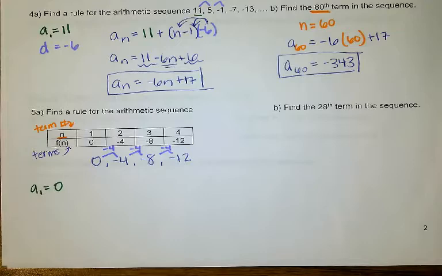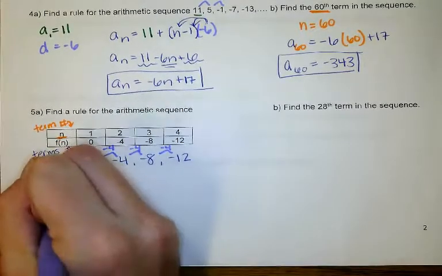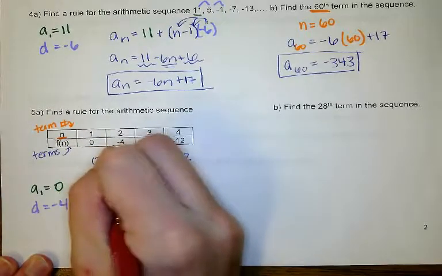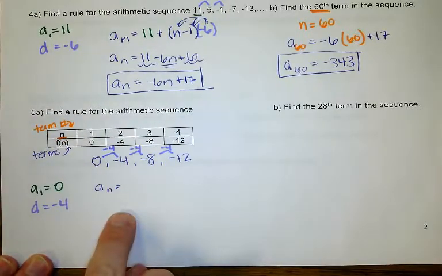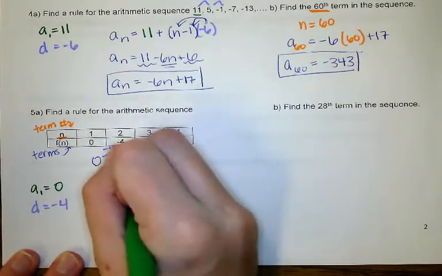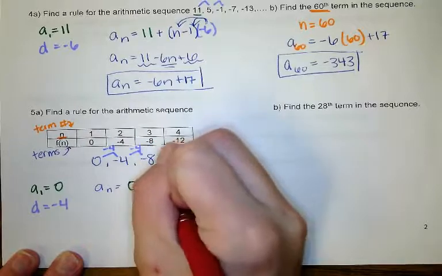So then a sub n, I'm going to follow my explicit formula, the one at the top of the page. a sub n is equal to a sub 1, which is just 0, plus (n minus 1) times my d, which in this case is negative 4.